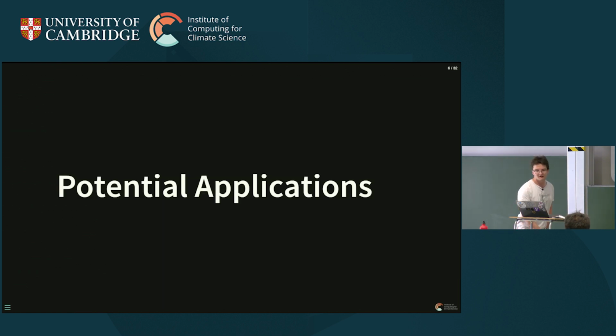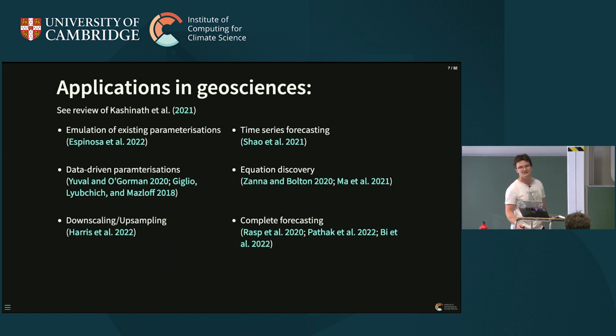So, potential applications in geoscience. There's a really, really good review paper on this that I would suggest taking a look at at some point, and these are linked from in here. The key uses we have are emulation of existing parameterizations: taking something that's very computationally expensive, physics-based, and learning how to do it with a neural net, hopefully faster.